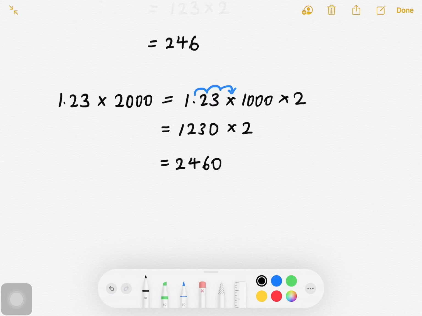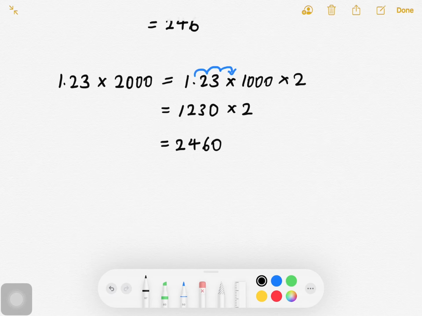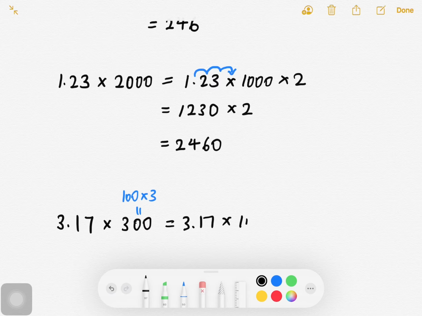Let's have one more random example. Let's say I have 3.17. I want to multiply by 300. Follow the step. 300 is equal to 100 times 3, or 3 times 100, the same. So I will get 3.17 times 100 times 3.